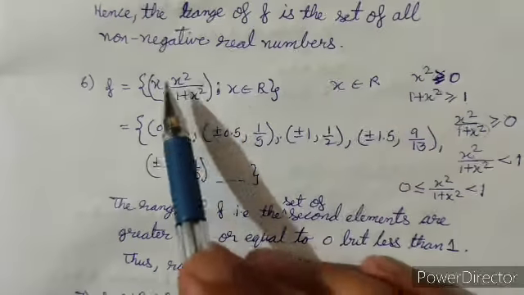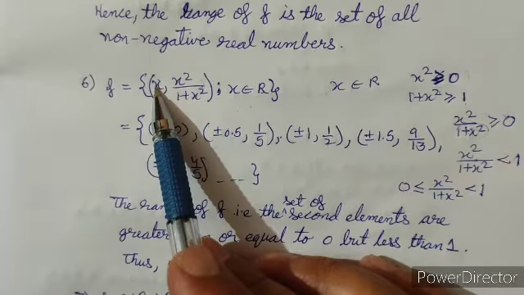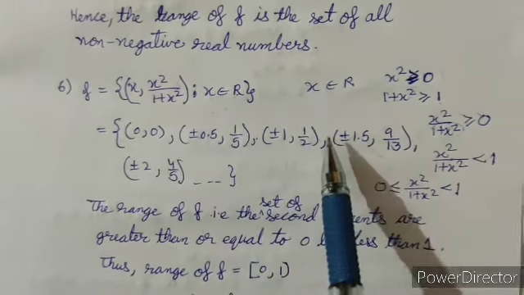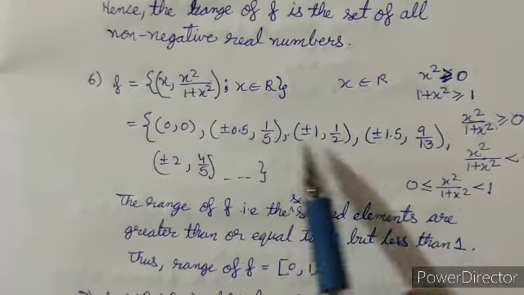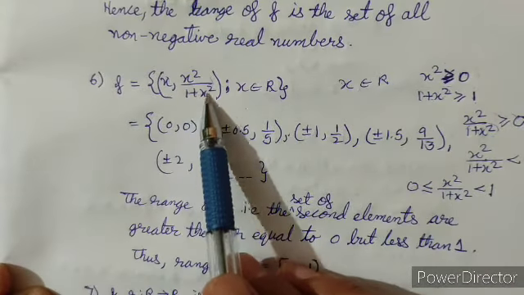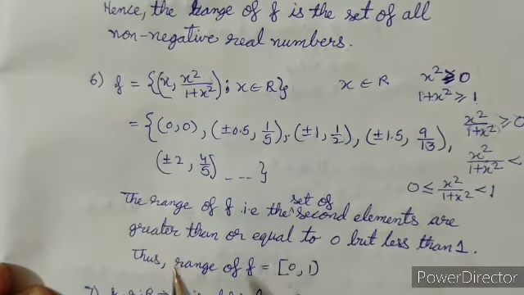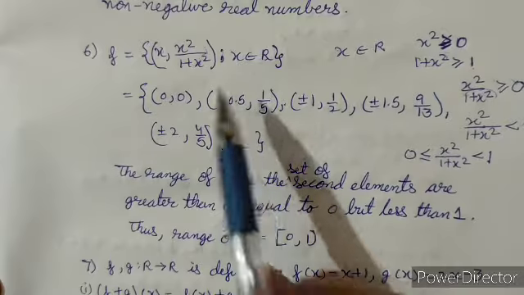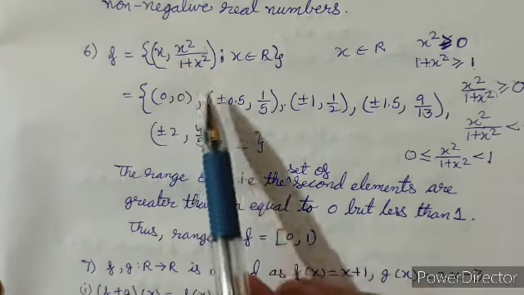Similarly, for x equal to plus minus 1.5, it will be 9 by 13. And similarly, we can find the value of x square upon 1 plus x square for other real numbers.